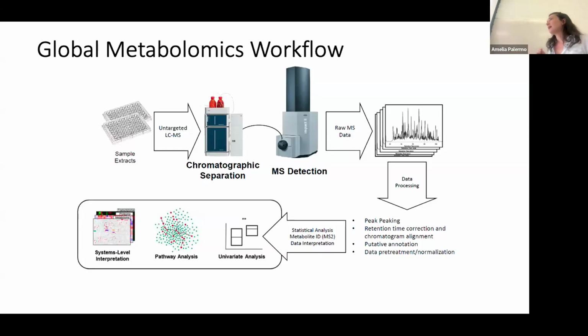So, we do have ion suppression, right? The more complex the sample that we inject at the source of the mass spectrometer, the worse it gets.